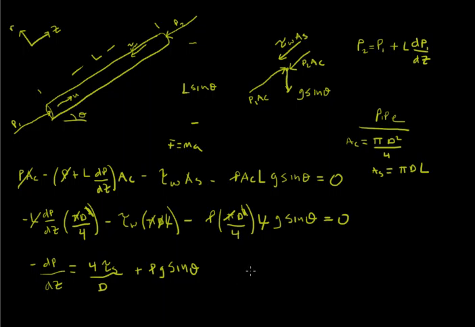Okay, and then from here I'm going to define a new term. So this is the Fanning friction factor. I'm going to define that as the shear stress divided by 1/2 the fluid density times the average velocity squared.